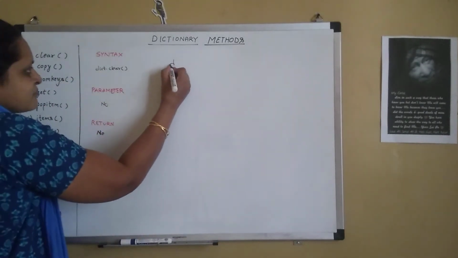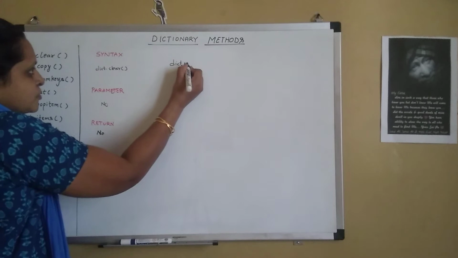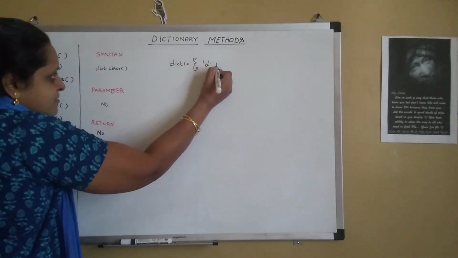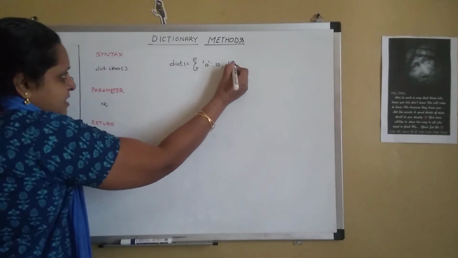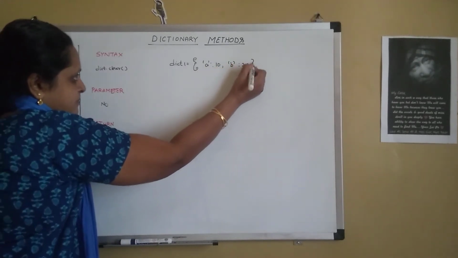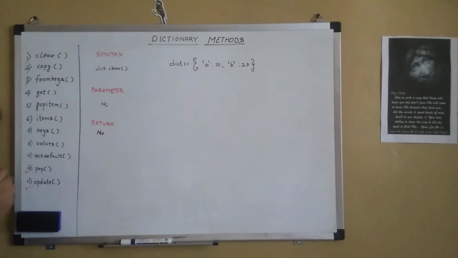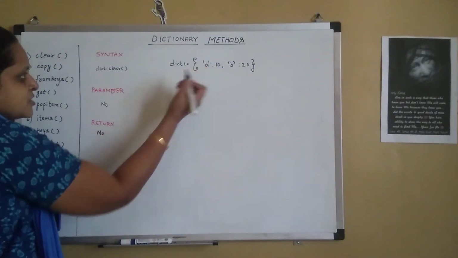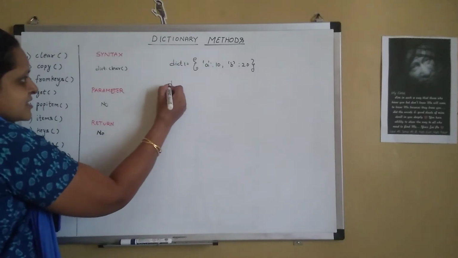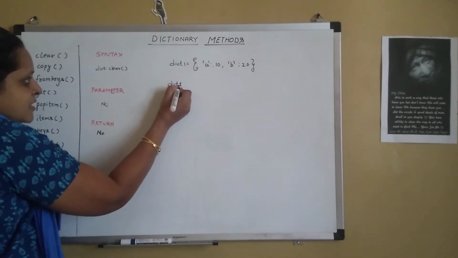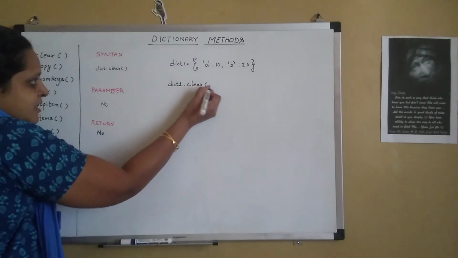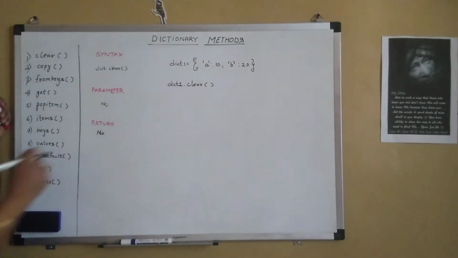Suppose I have my dictionary called dict1, which is equal to A: 10, comma B: 20. So this is my dictionary. And now I want to clear the contents of my dictionary. So I can just give dict1, the dictionary name, dot clear. It does not take any parameters, so I am not passing any parameters to it.